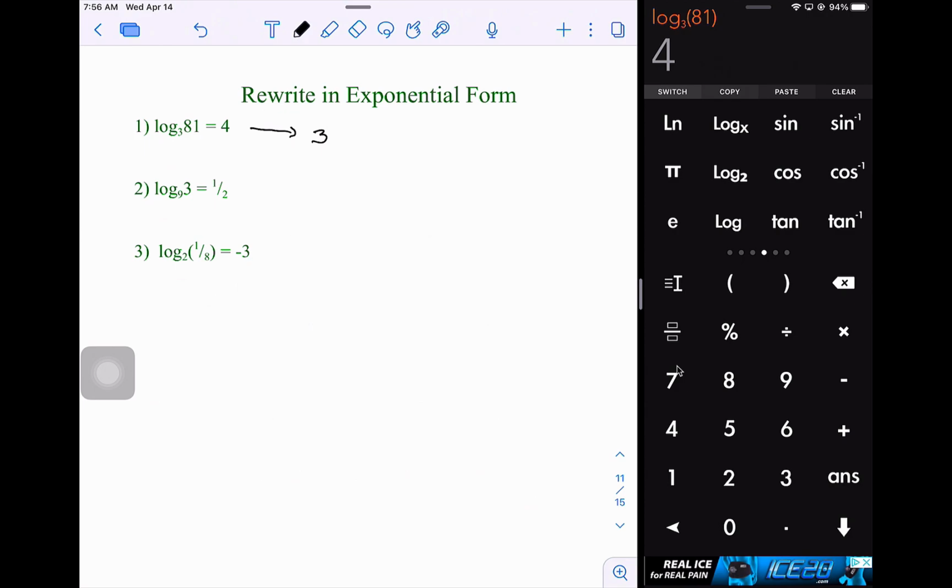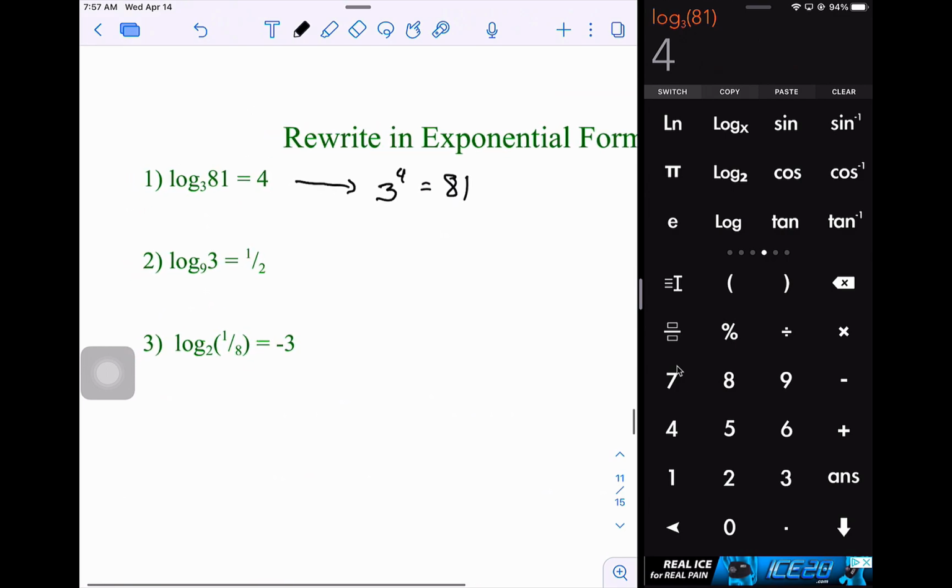What power am I going to be raising this to? The 4 or the 81? Which one's the power? 4. Yeah, it's the 4. 3 to the 4th power equals 81. There's the exponential version of the exact same thing.